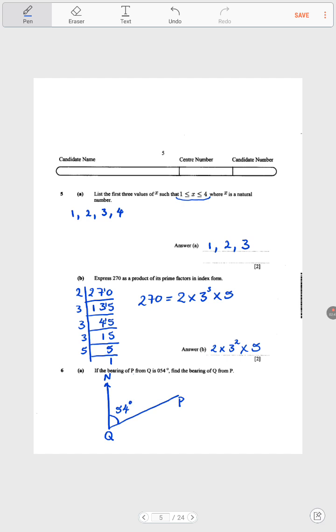So now if they are saying find the bearing of Q from P, it means you're going to put a north line on P, and these two north lines are parallel lines, which means the angles inside are supposed to add up to 180. So you're going to say 180 minus 54.